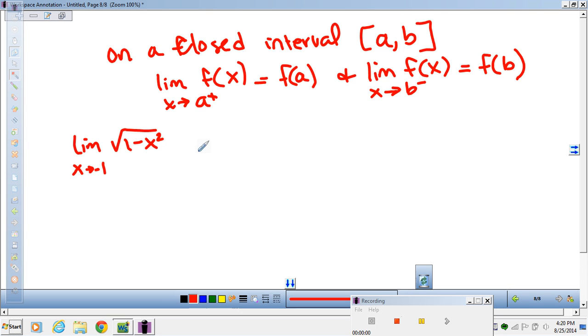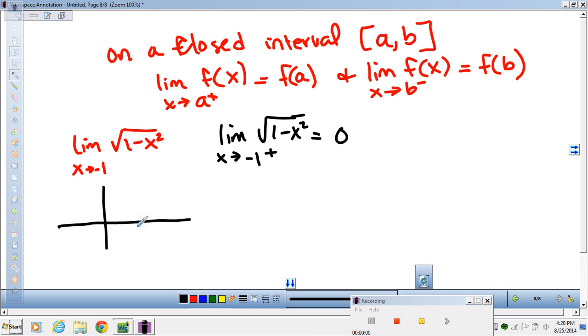So what I do is, first I take the limit of the square root of 1 minus x squared as x approaches negative 1 from the right, plug it in there, I see that it's 0. And in this case, my graph looks like this: negative 1 and 1. So it looks like a circle like this, and this is b, and this is a over here.